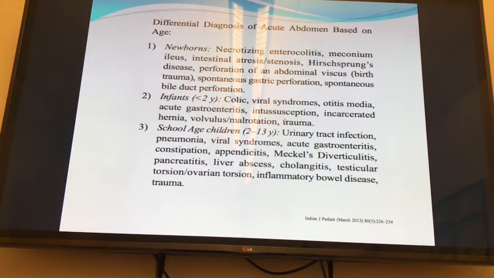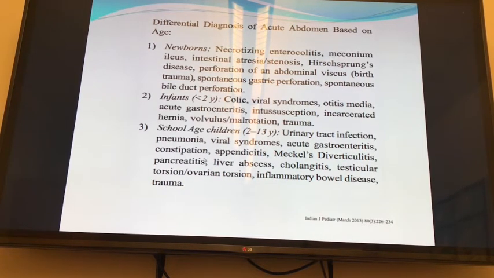The differential is huge, and we're not going to try and discover the whole range of things, but the big things that are really going to cause problems are things like intussusception, volvulus, malrotation, perhaps trauma.